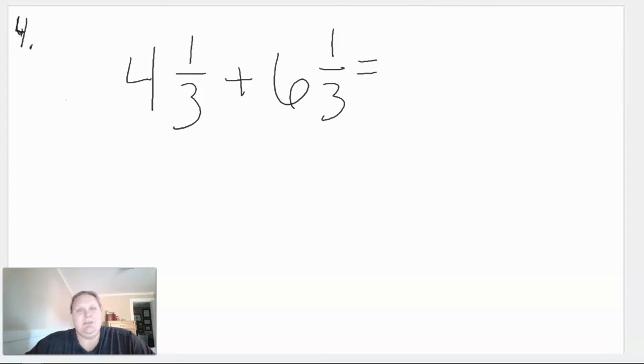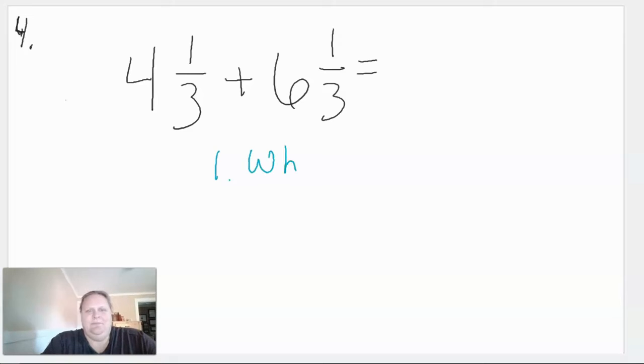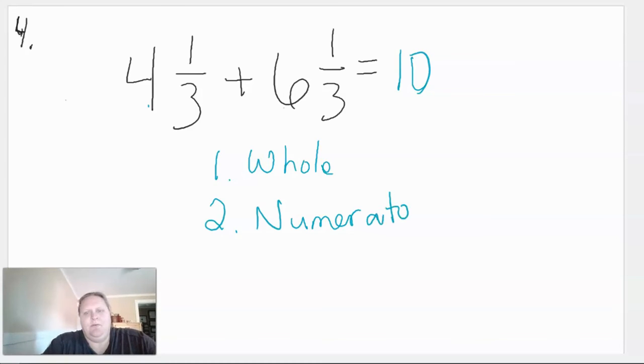All right, for question number 4, what's the first thing that we do? Whole number. So 4 plus 6 is 10. What's the next thing we do? The numerator. 1 plus 1 is 2.